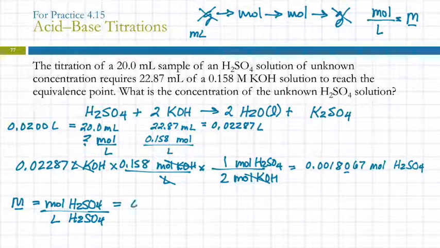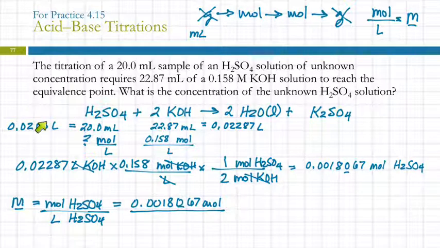So I calculated the moles, 0.0018067, and I divide by the volume of that solution. This is the volume of the solution that had that many moles in it. So I divide by 0.0200 liters.